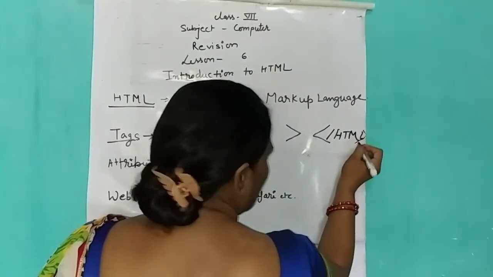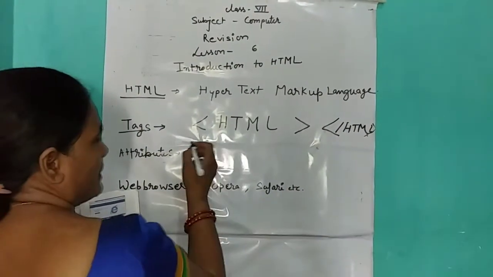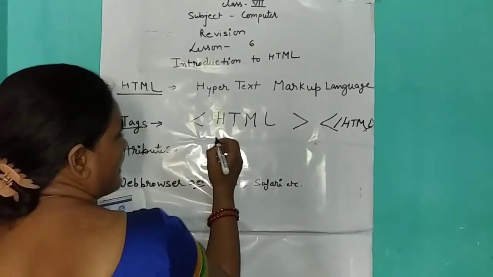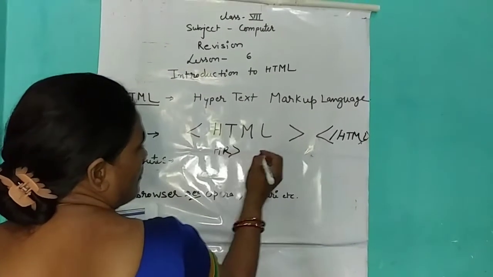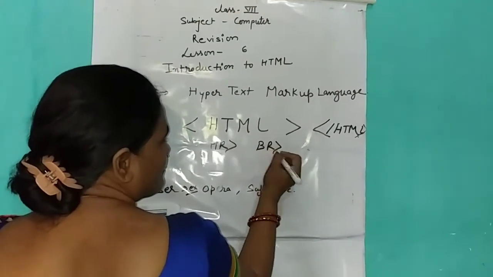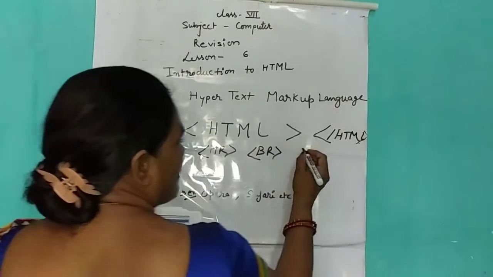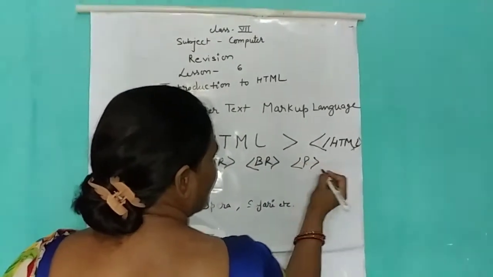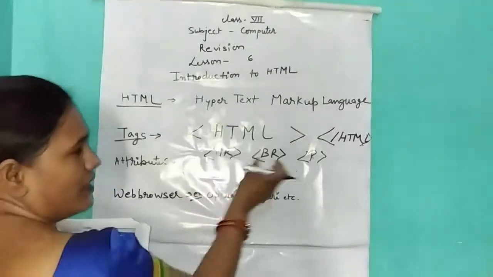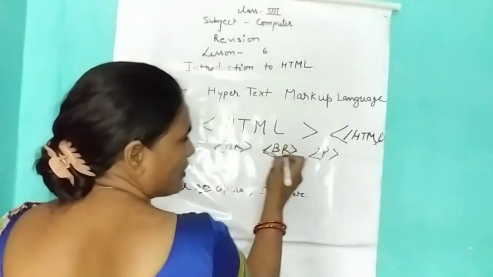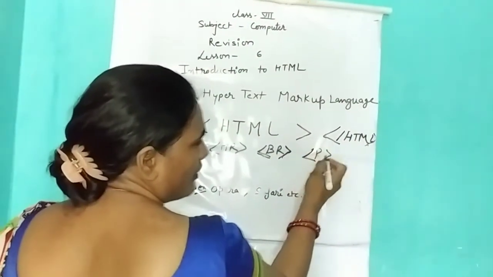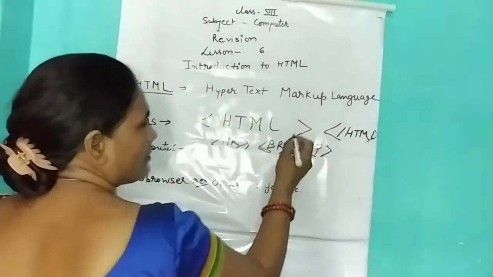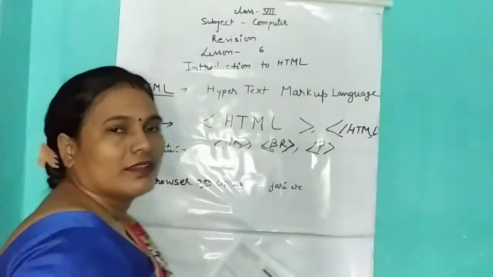Okay. So there are some kinds of HTML tags like HR tag, BR tag, P tag, etc. Tags are information which is enclosed within the angular bracket open and angular bracket close. Clear, children? So this is the tag.